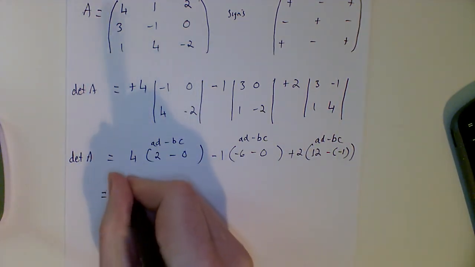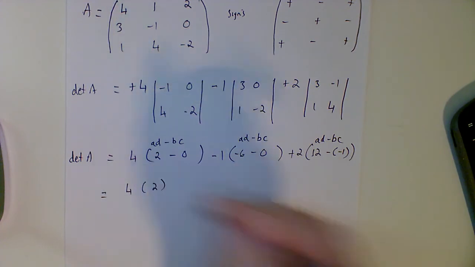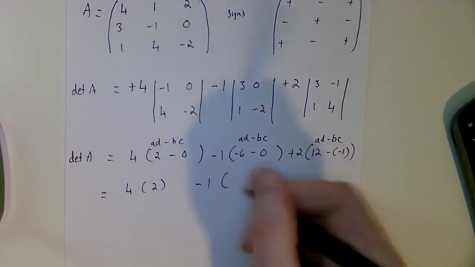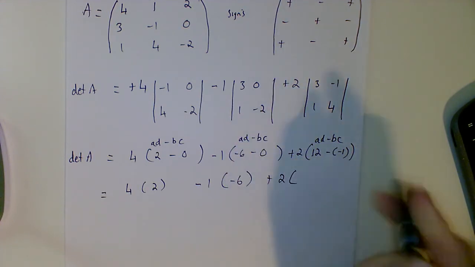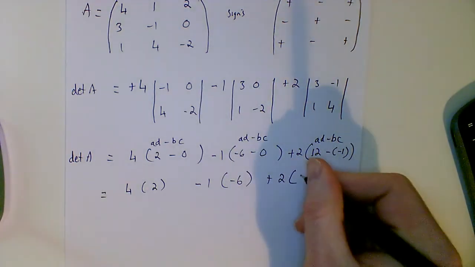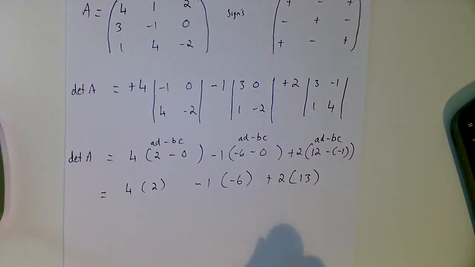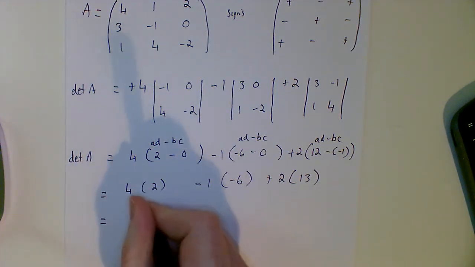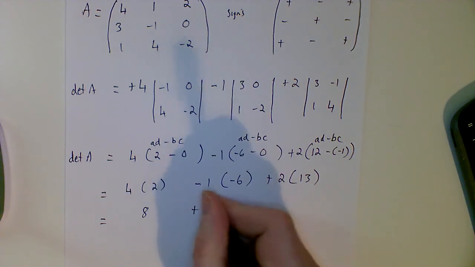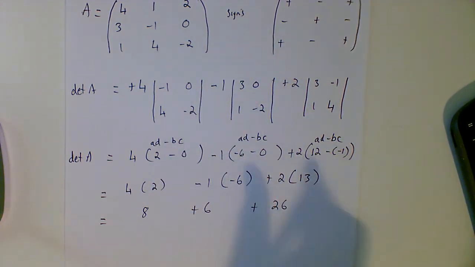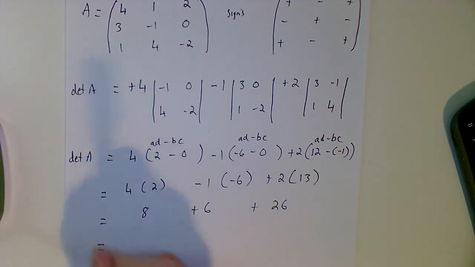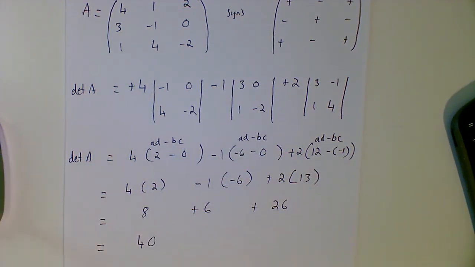So that's 4 times 2, take away 1 times negative 6, plus 2, and as I've said, that becomes a plus, multiplied by 13. So that's 8 plus 6 plus 26. You add those together, I get 40.